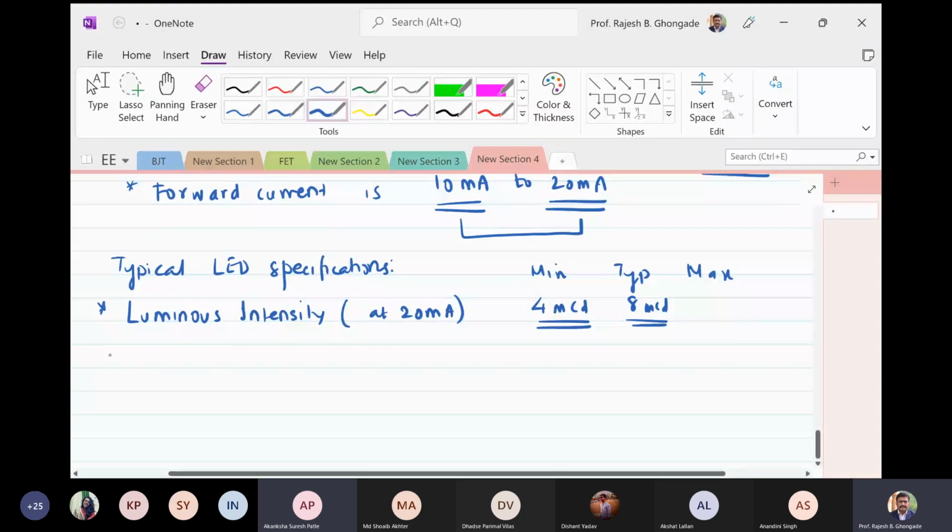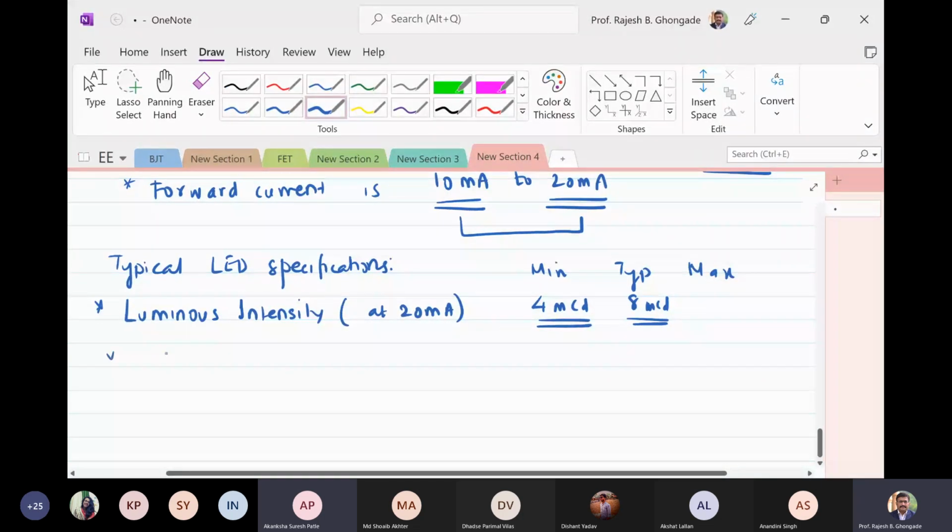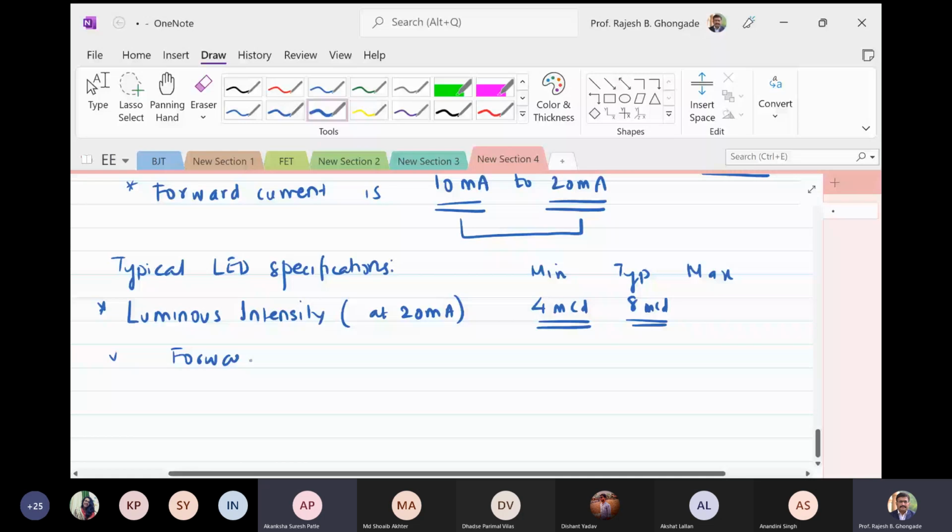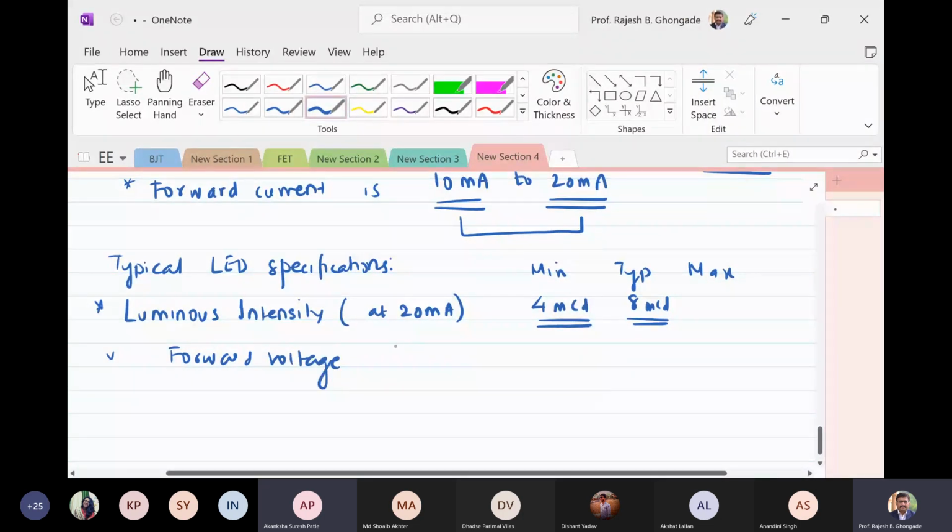Then forward voltage, or VF, is minimum 1.4 volts, typically 1.6, and can go as high as 2 volts.